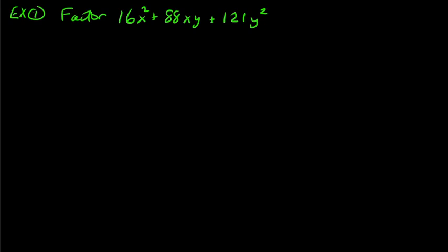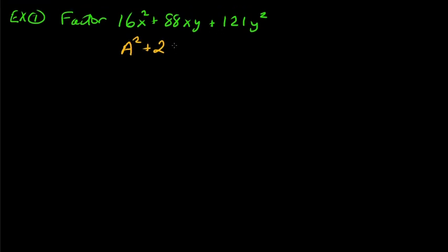Okay, so here's the same problem, right? We want to factor 16x squared plus 88xy plus 121y squared. Right. And we did it by using the AC method, so we know what the answer is. But now this is the shortcut, and we're going to use what we saw earlier, a squared plus 2ab plus b squared.